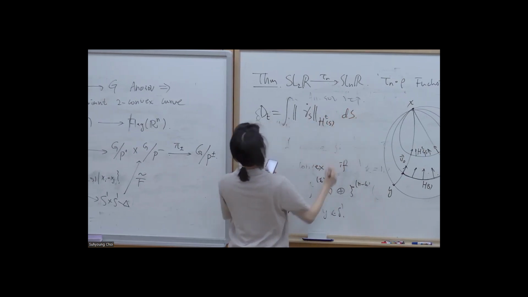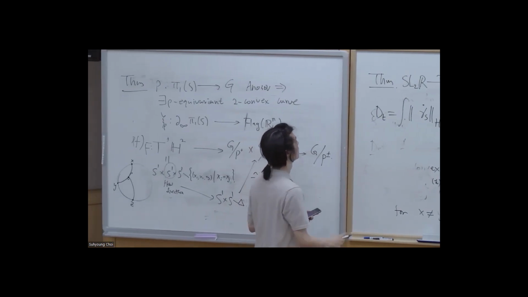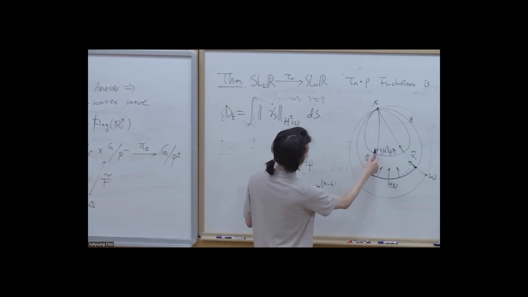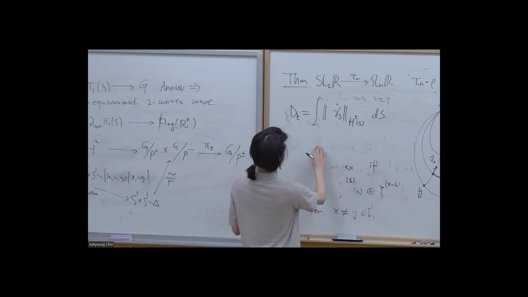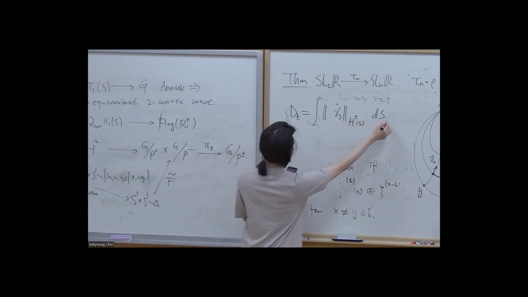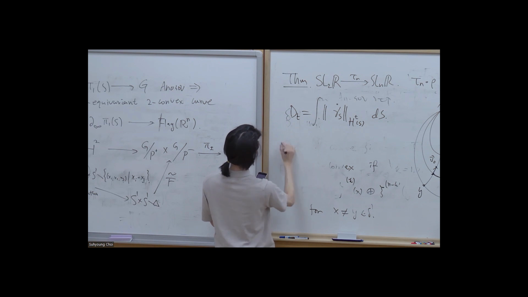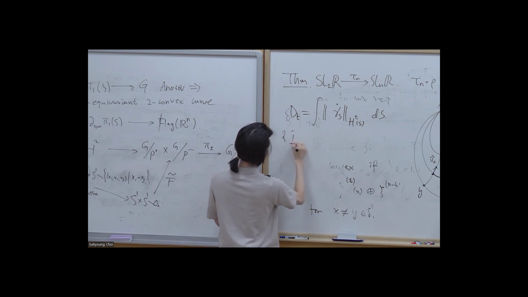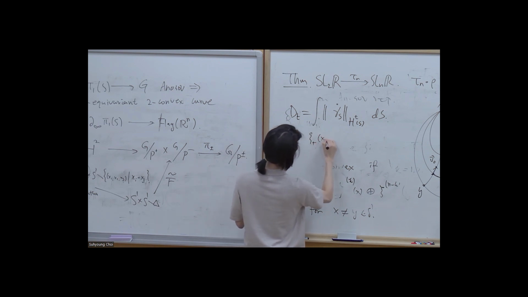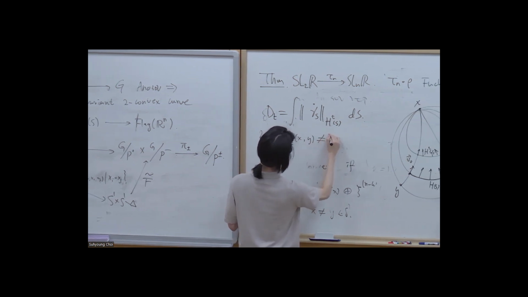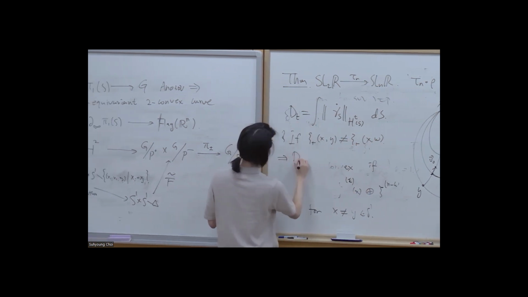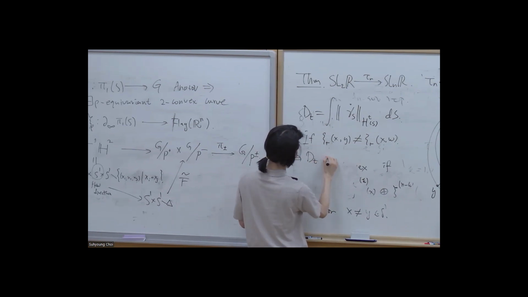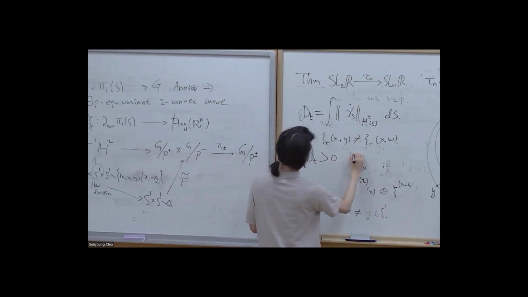So basically, we measure this length with respect to the metric. If we assume that xi plus of (x, y) is not the same as (x, w), then it is always positive for all t.